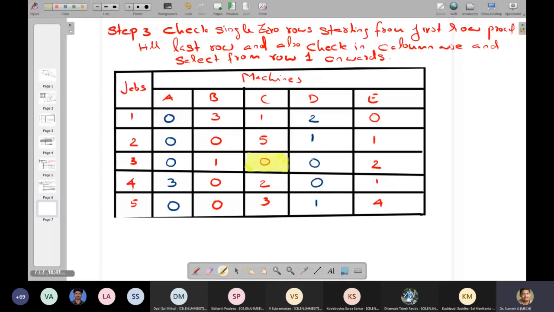Now this zero is struck off, and there is another 0 over here that is also struck off, since you have already allotted job number 3 to machine C. So job number 3 you don't need to consider for any other machines.